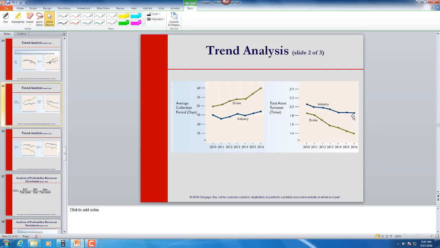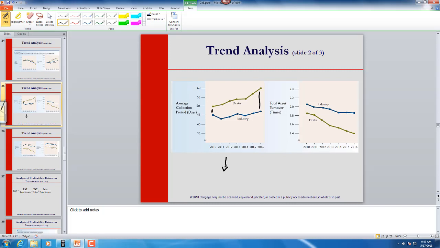Now, go down to the next one, the average collection period. If you look at the average collection period for this company, first of all, it was always higher than the industry. But the gap seems to be a lot wider now than it was earlier, which means their marginal efficiency as compared to the average company in the industry is dropping.